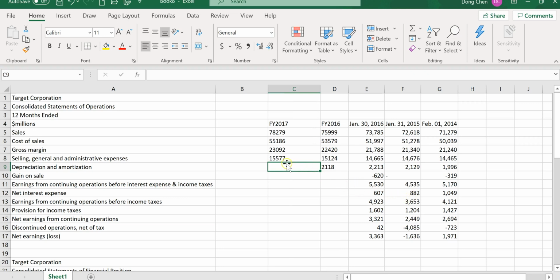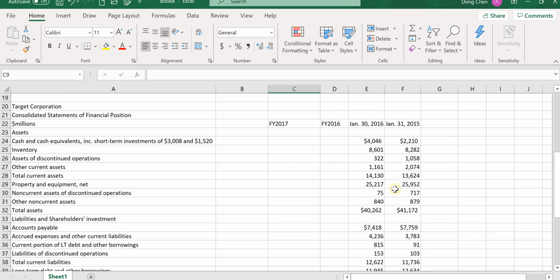But then to figure out the depreciation and amortization for fiscal year 2017, we will need the information about the net PPE for fiscal year 2016. So how do we figure out this item?